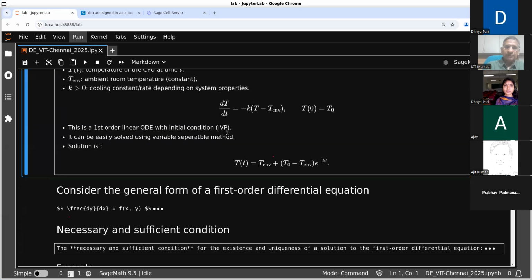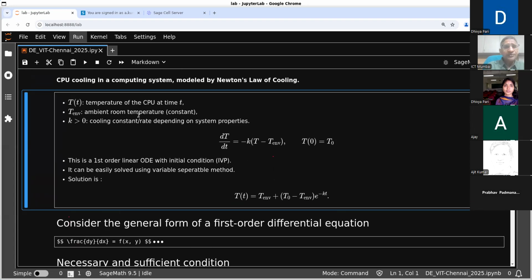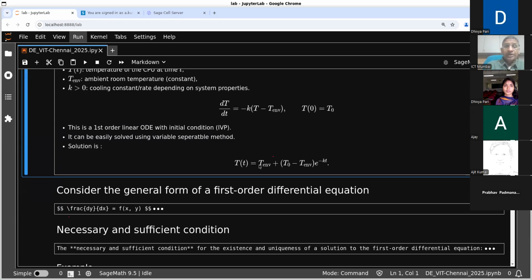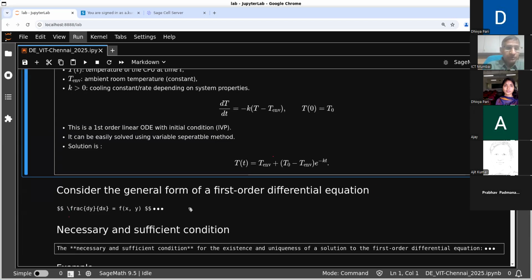This is a simple first order ODE with an initial condition. If you don't have this initial condition, it may have multiple solutions, but once the initial condition T0 is given, this will have a unique solution. Now, of course, why it will have solutions is also very important.